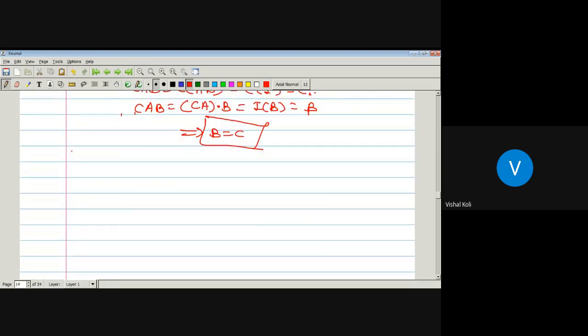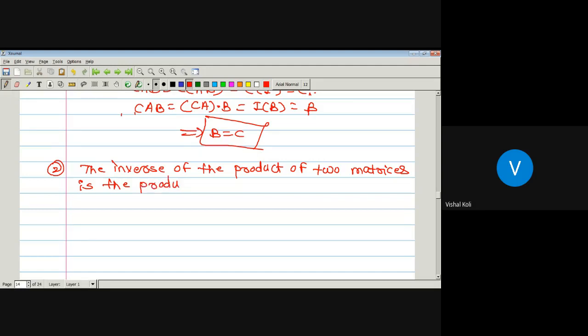Now the second property is the inverse of the product of two matrices is the product of their inverses in the reverse order.